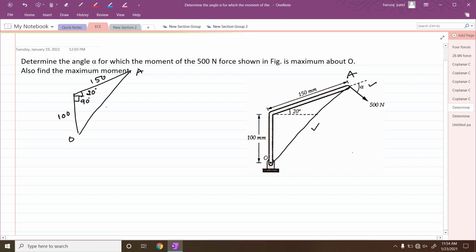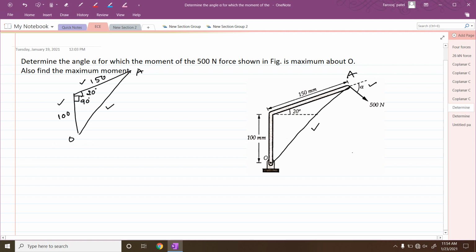So let us try to calculate this OA length. As you know this length, you know this length, and you know the angle, we can apply the cosine rule and calculate this length OA. So how do we calculate now?